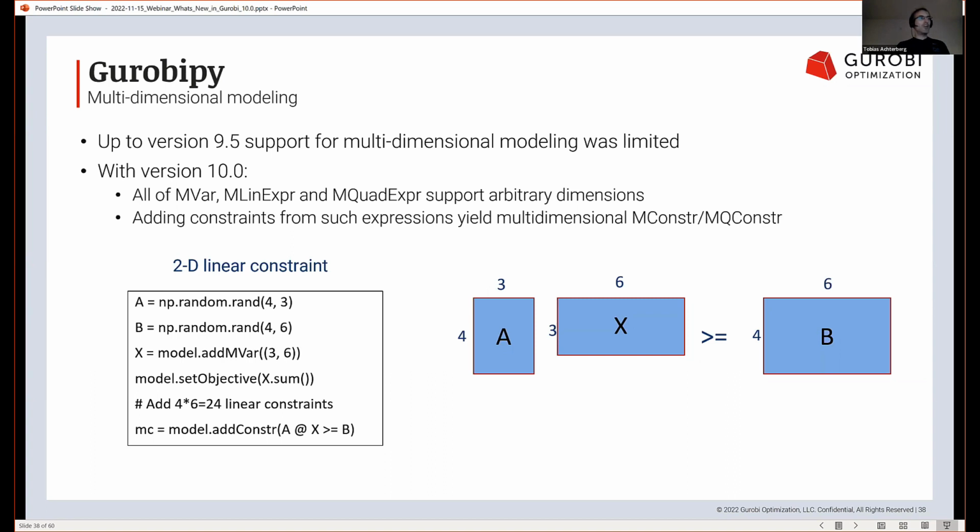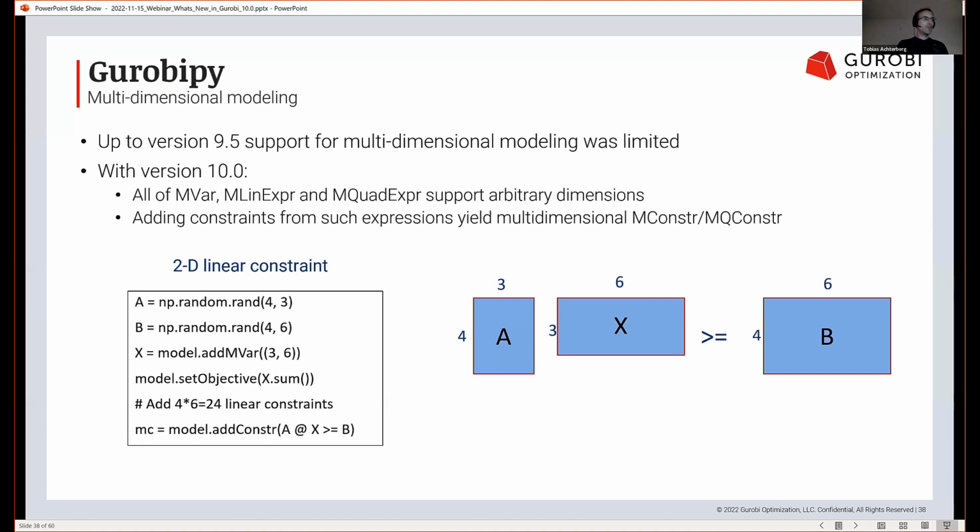So all of the MVar, MLinExpr, and MQuadExpr objects support arbitrary dimensions, and adding constraints from such expressions yields multidimensional constraints or quadratic constraints. Here's an example. With NumPy, np, you now build some matrices with dimensions 4 by 3 and 4 by 6 in that example, and then you add an MVar, which is a matrix variable, a matrix consisting of Gurobi variables with dimensions 3 by 6.